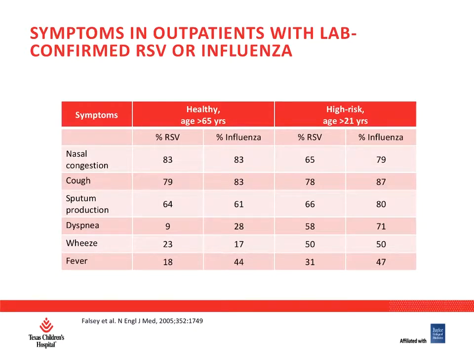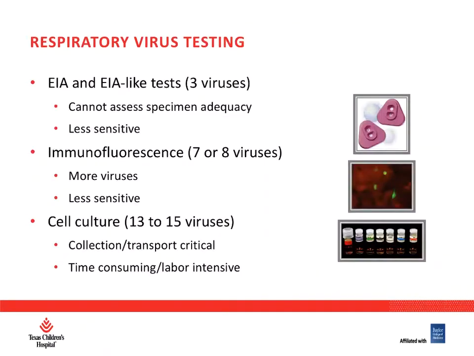A lot of those patients are going to have nasal congestion, cough, sputum production, and so forth. So we can't reliably say whether they have this or that particular respiratory infection because the symptoms overlap. That's why we need to do some sort of diagnostic test, of course.